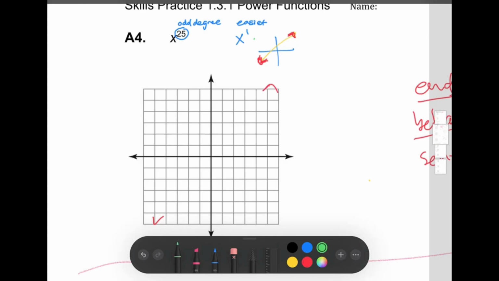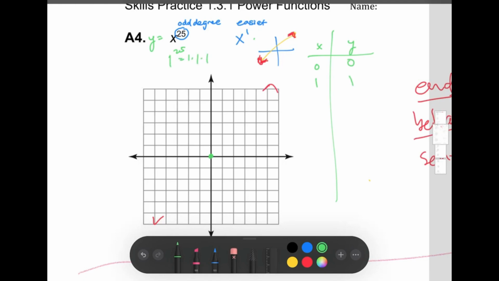How do you get a table of values? Well, this is one way of graphing it. We have our x and we have our y. If you just pick a number like 0, 0 to the 25th power is 0 times 0 times 0 times 0, so it's going to be 0. If you put in a 1, 1 times 1 times 1 times 1 times 1 is just going to be 1.